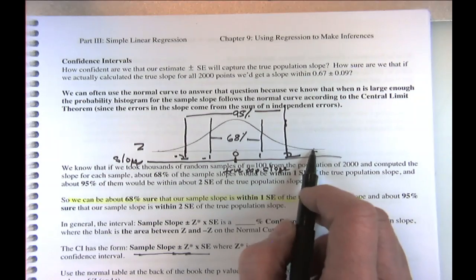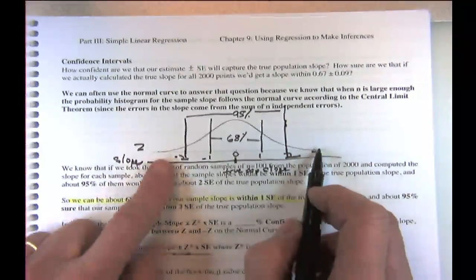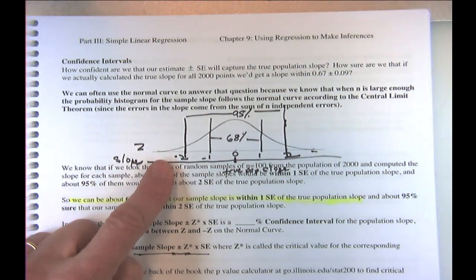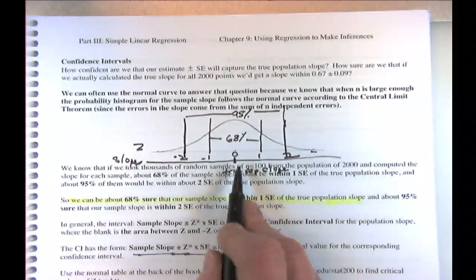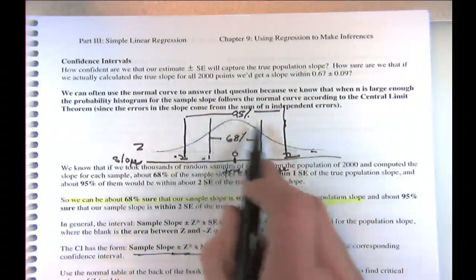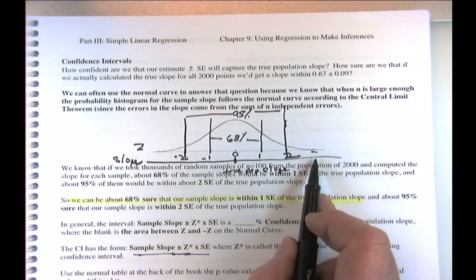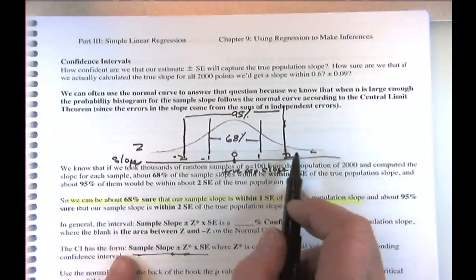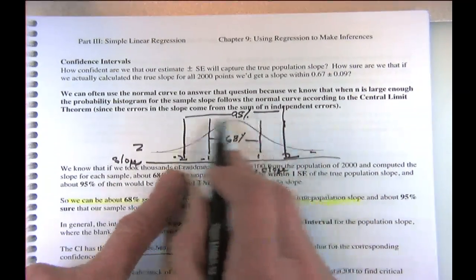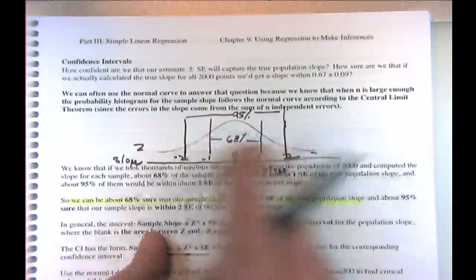If you did this thousands and thousands of times, each person taking 100 points out of the whole population, and you plotted your slopes, sure, there's going to be a hump around the true slope. This is the distribution of the slopes. And you know that 95% of the time you're going to be in this range.